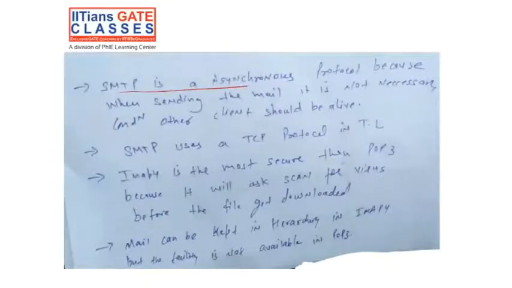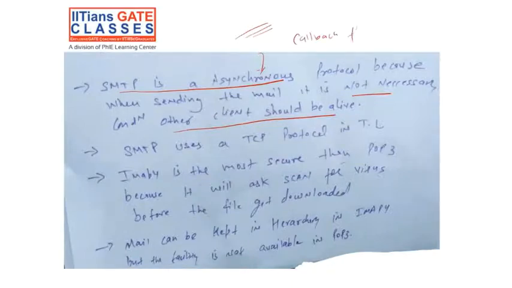SMTP is an asynchronous protocol because when sending the mail, it is not a necessary condition that the other client should be alive. That's why it is asynchronous. In the background, everything is going on, and when the system comes up, we receive it. In another way, take a callback function. A callback function is asynchronous.